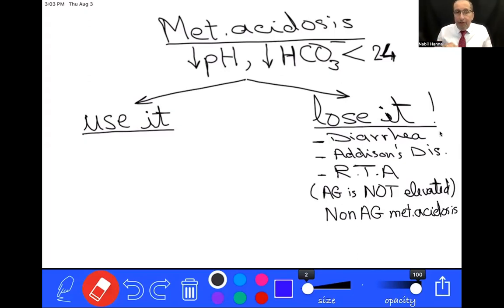The other type of metabolic acidosis is that type where you lower your bicarbonate because you use it. What do we use bicarbonate for? We use bicarbonate to buffer acids.